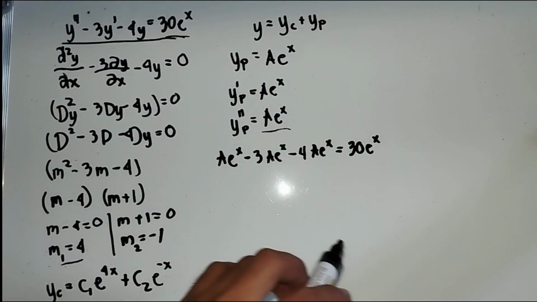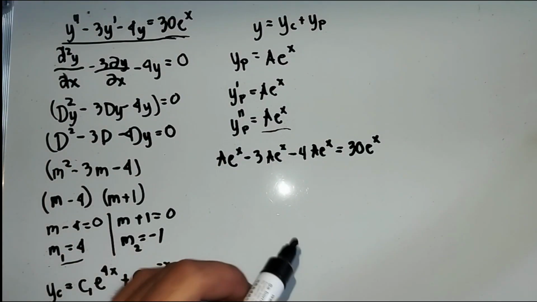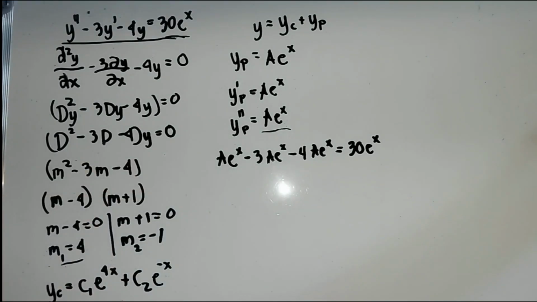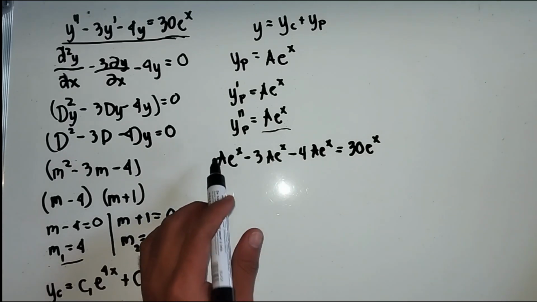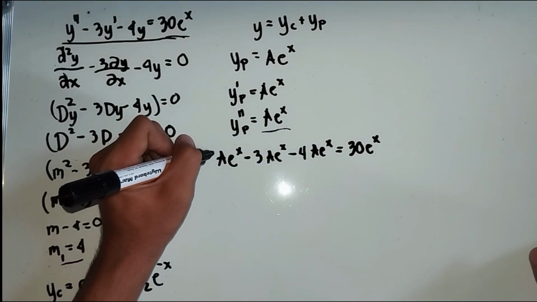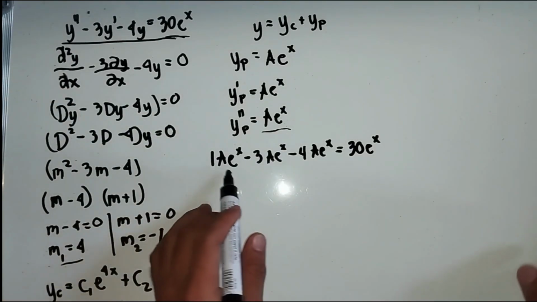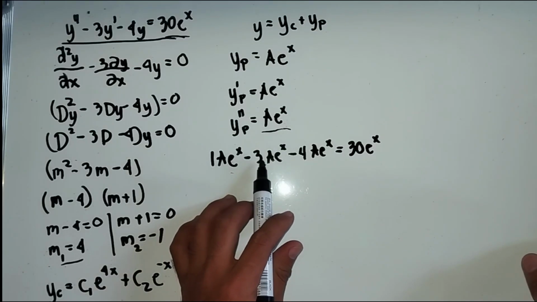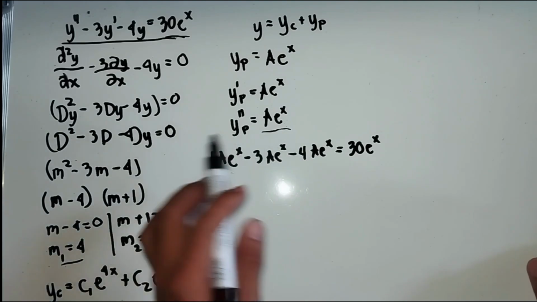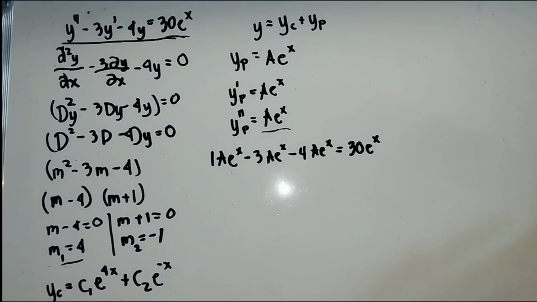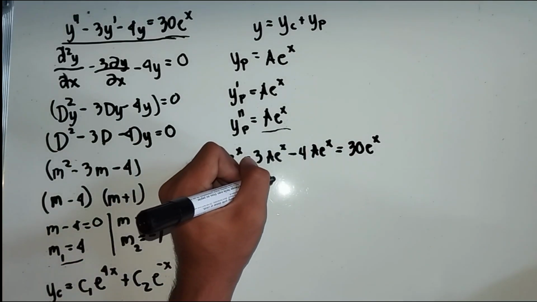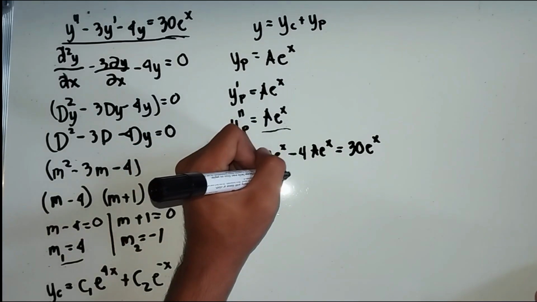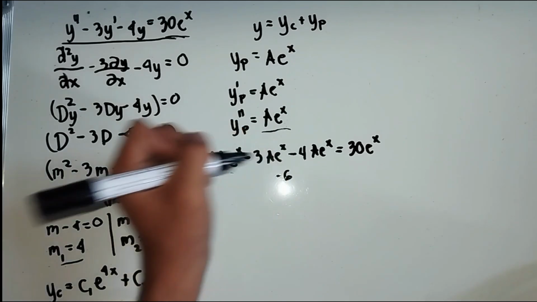Now we have like terms to combine here. There is an imaginary 1 here, and then we have negative 3 and negative 4, so we add them all, and we get negative 6.